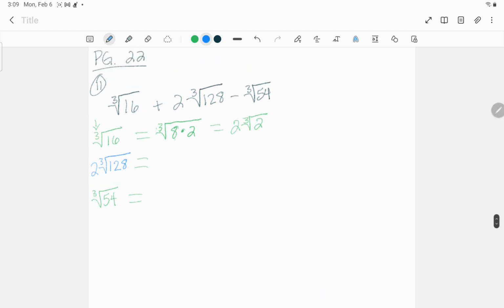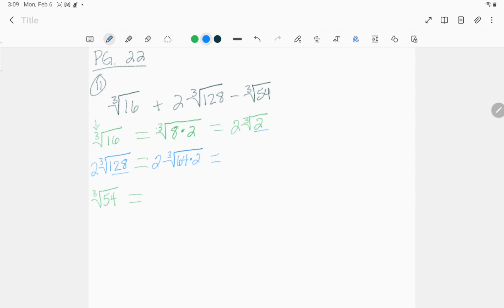Move on to your next one. So if we have a 2 inside here, that means there's going to be a 2 inside this one. So what is 128 divided by 2? 64. And what is the cubed root of 64?